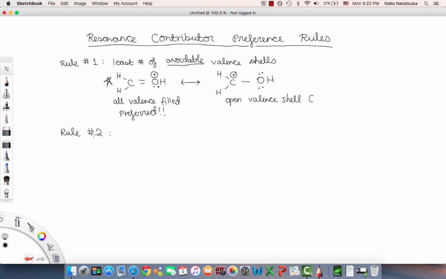Rule number 2 says that the most significant contributor has the maximum number of covalent bonds. So I'll write that out as max number covalent bonds. So as an example, let me draw out this molecule. We have CH2, double bond O, draw out the lone pairs, and then its resonance structure would look like this.